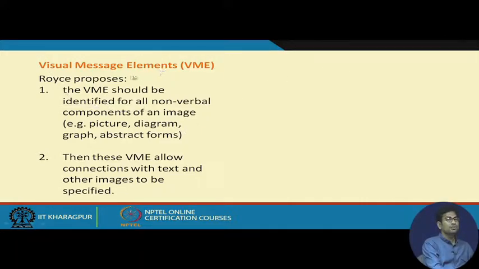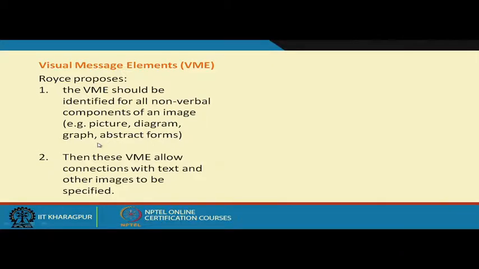bit about visual message elements, or in short VME. So, Royce proposes two things about VME. The VME should be identified for all nonverbal components of an image: picture, diagram, graph, and all the abstract forms and all that. This is complementary to what Royce's model suggests, the twofold approach. So, here another terminology, another taxonomy has been brought into picture, visual message elements.